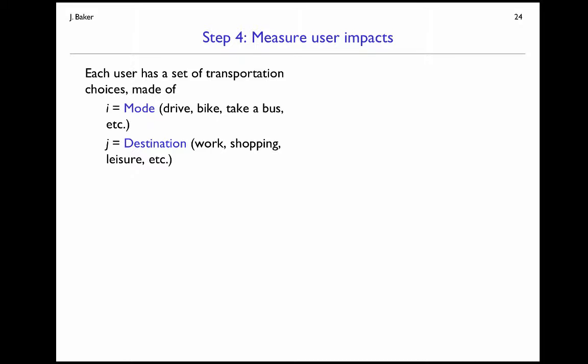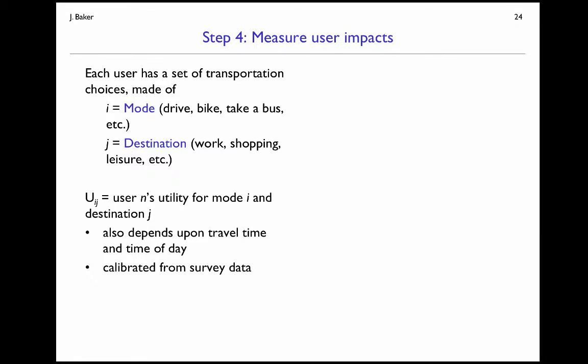Maybe they need to go to work, go shopping, or go on some leisure trip, and they're going to have preferences associated with that. For each combination of a mode and a destination, the user is going to have a utility associated with it, and these utilities are calibrated from survey data that the Metropolitan Transportation Commission has collected.